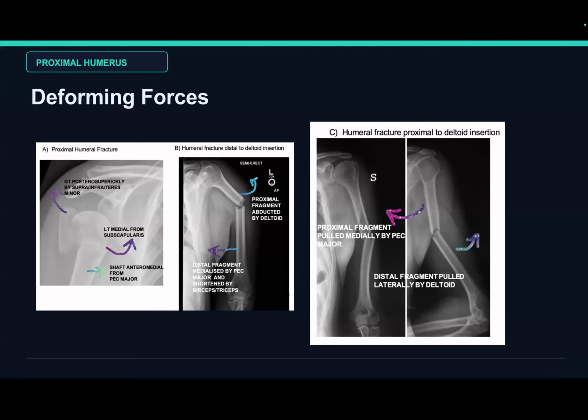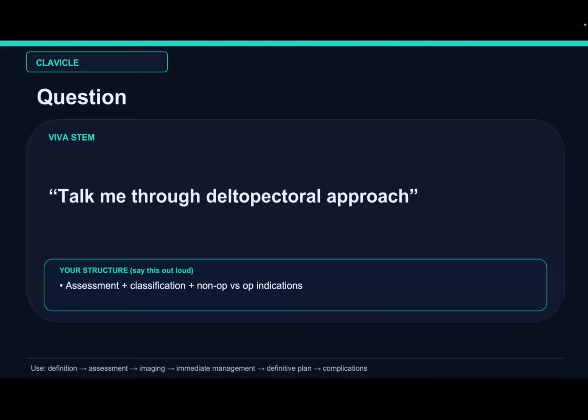Okay. So the deltopectoral approach: in an appropriately marked, consented and WHO-checklisted patient, on timing out, the patient will be placed in a beach chair position. My internervous plane will be between the deltoid, supplied by the axillary nerve, and the pec major, supplied by the medial and lateral pectoral nerves. My incision would be from the tip of the coracoid to the humerus at the level of the axilla.